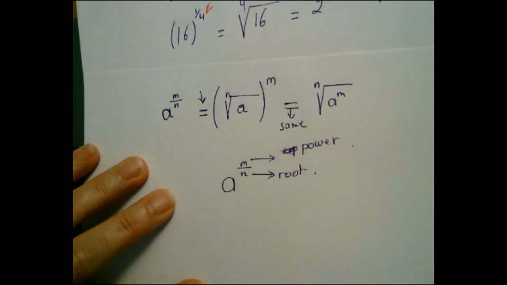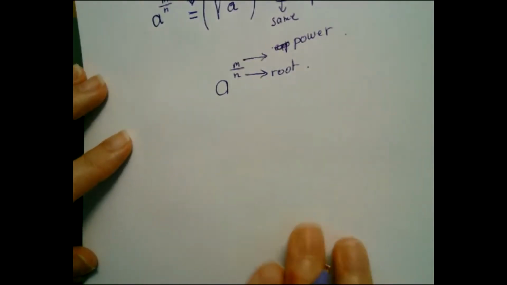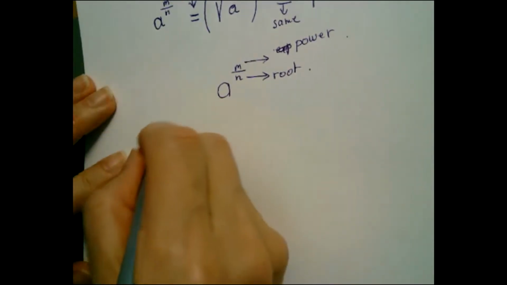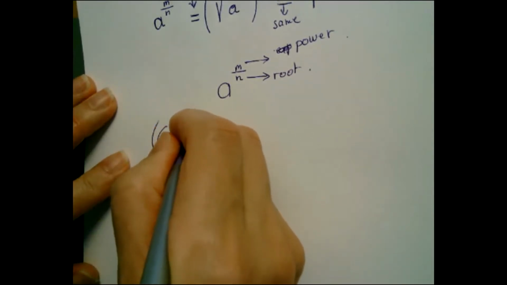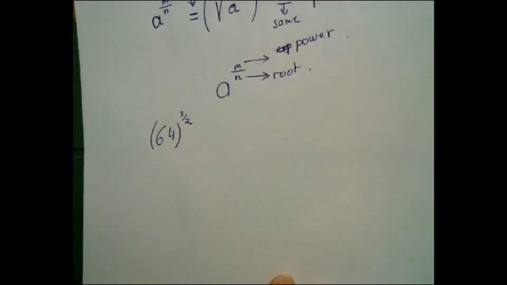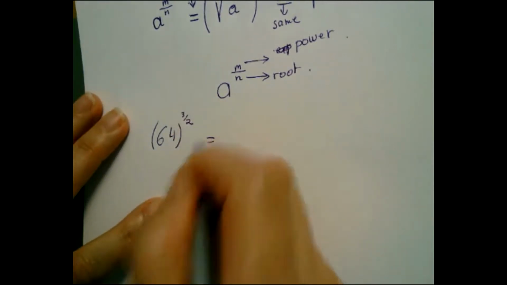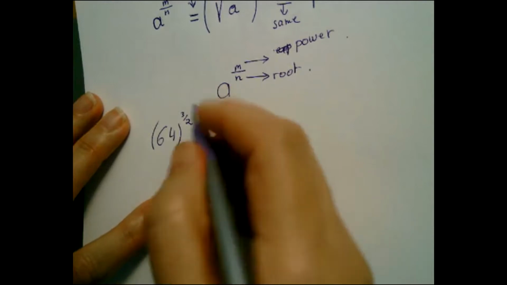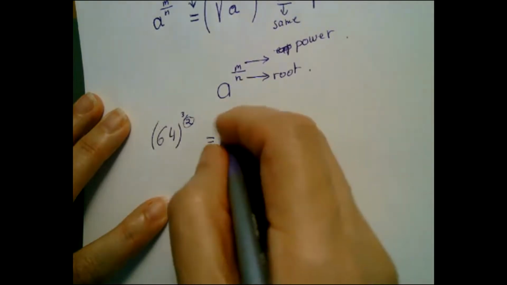So immediately we practice this notation. For example, I will ask you to evaluate 64 to the power 3/2. I know it's hard at the beginning. Some of you, of course, have seen this stuff. So this is equal to what? Which is the root and which is the power? The denominator is the root. Since it's 2, that's the same thing as the square root.